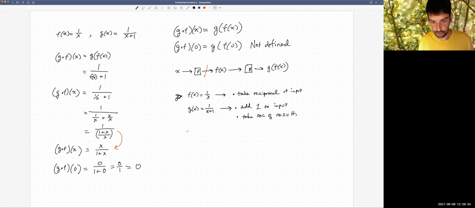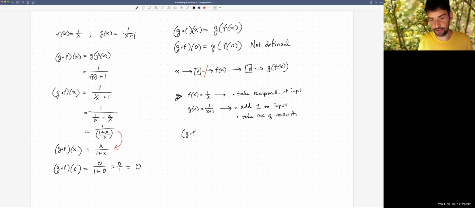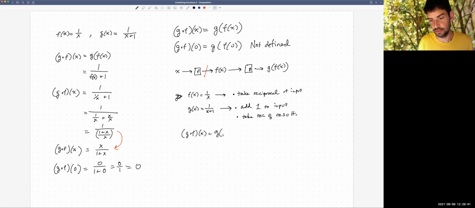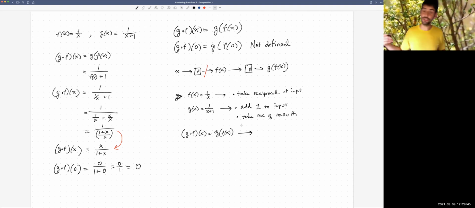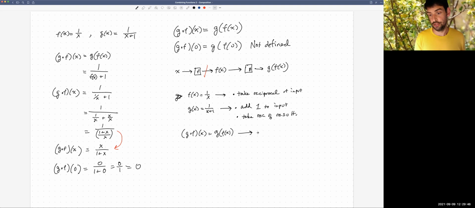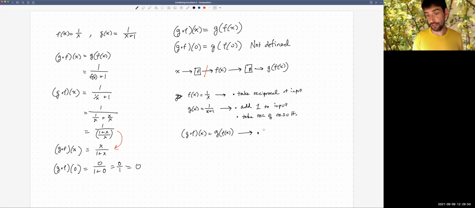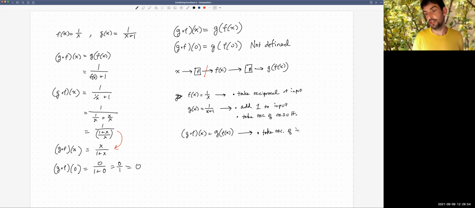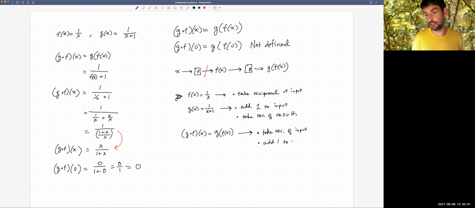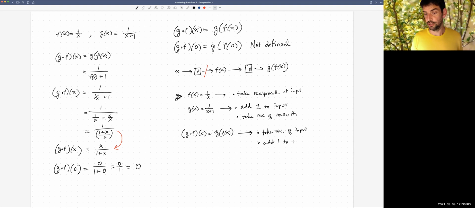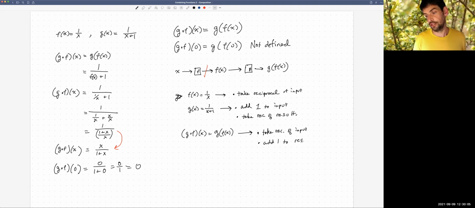When we do g of f of x, what it means is first do the instructions for f. So take the reciprocal of the input, then do the instructions for g, right?